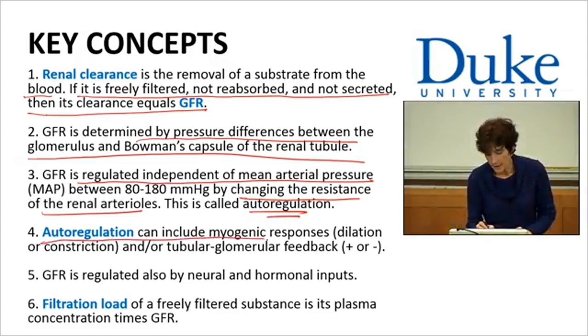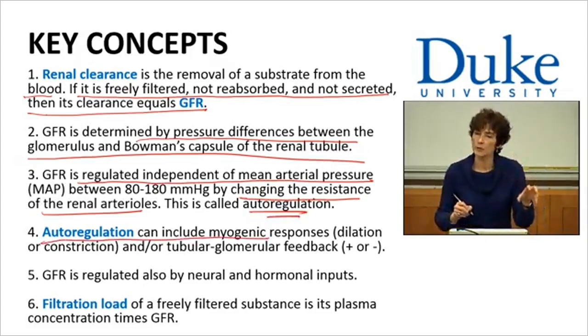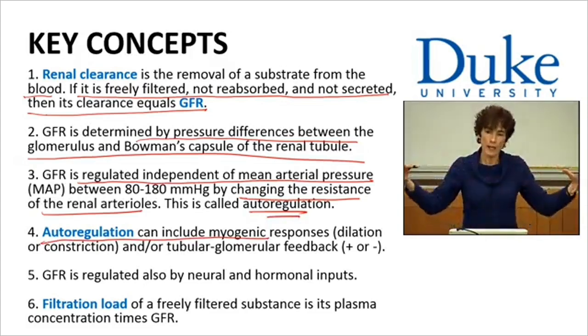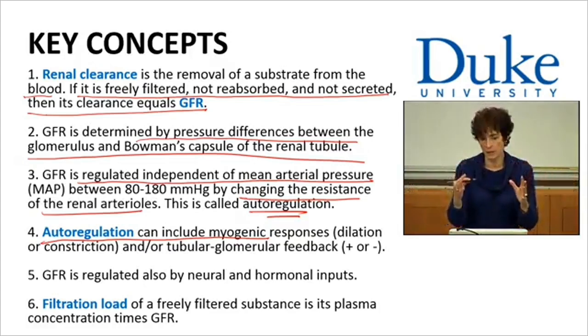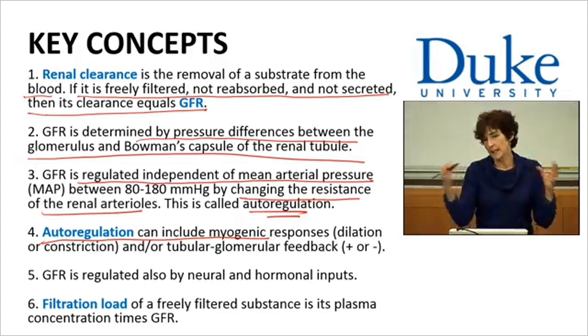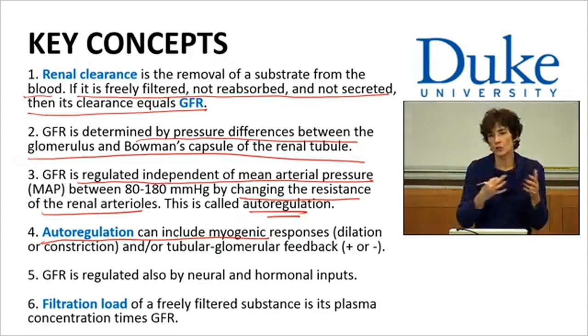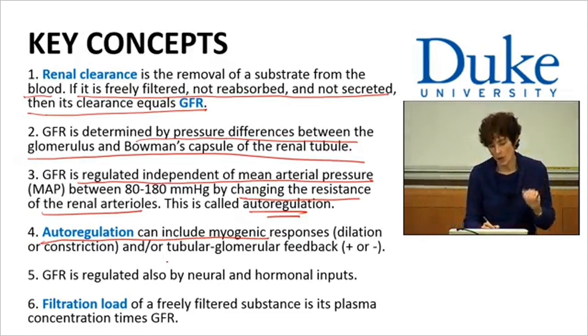The autoregulation has the myogenic response, which is simply stretch-activated channels responding to the transmural pressures within the walls of these arterioles, where we can get dilation or constriction in response to changes in pressure in the region, to maintain flow constant. So we have flow equals delta P over R.